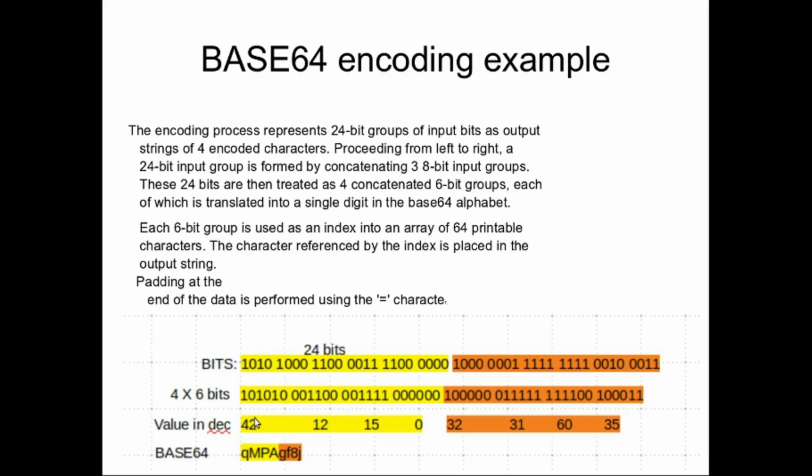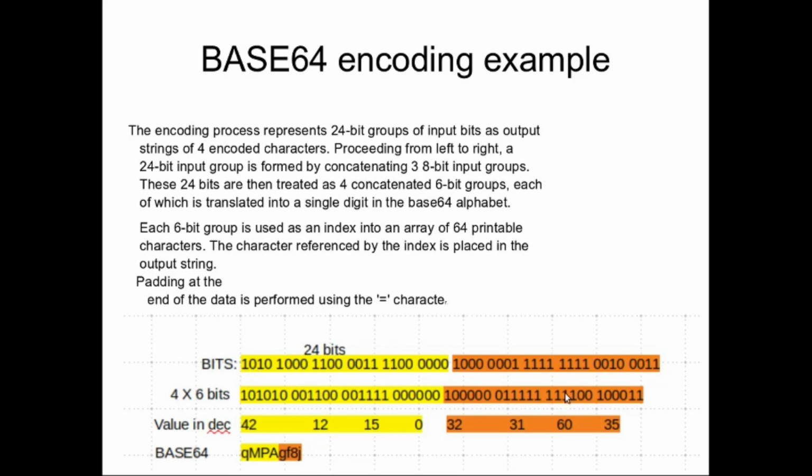So this 6-bit value is 42, this is 12, 15, 0, 32 and so on, and 42 represents Q, 12 represents M, and 0 represents A. This is coming from the base64 encoding table. Whether the bits are printable or not, we make everything printable by this.